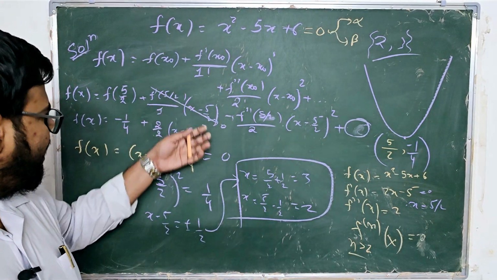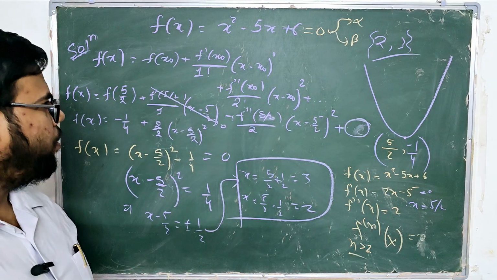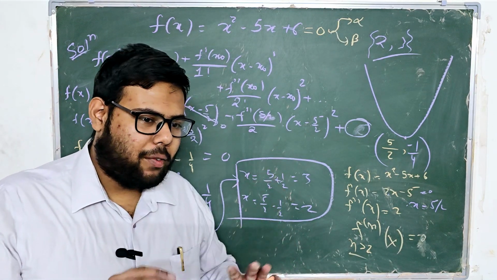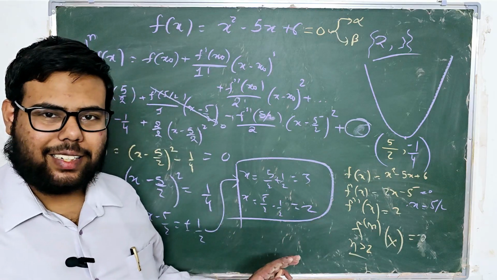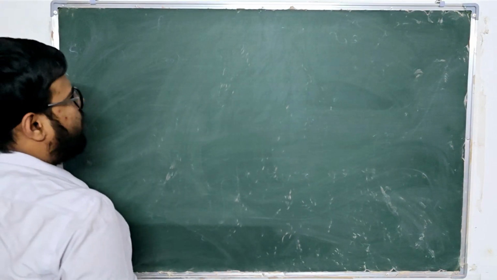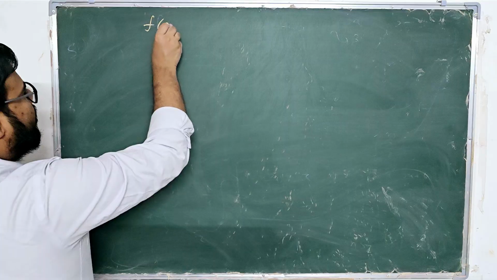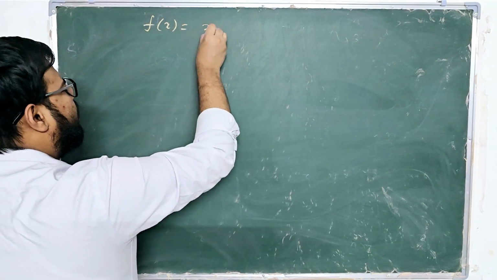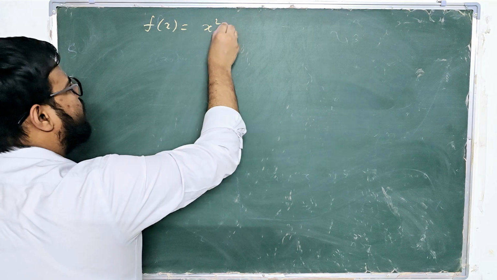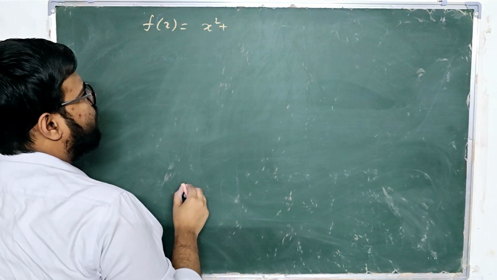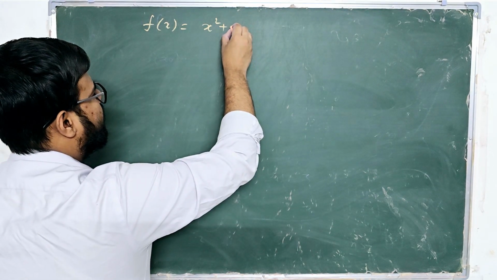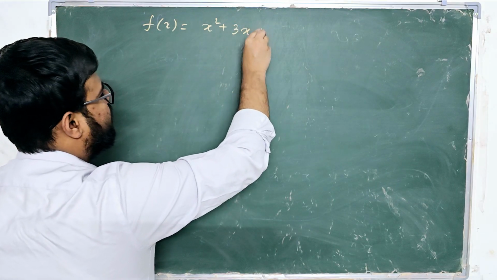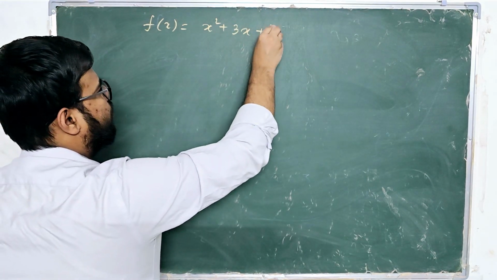So that is how you apply Taylor series to find the roots of a quadratic polynomial. So let's take another example and then we'll move to the proof of quadratic formula using Taylor series, right? Okay. So suppose let's take a random example. f(x) is equal to x square plus 3x plus 4, right?